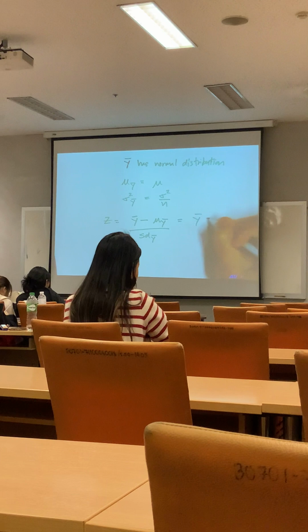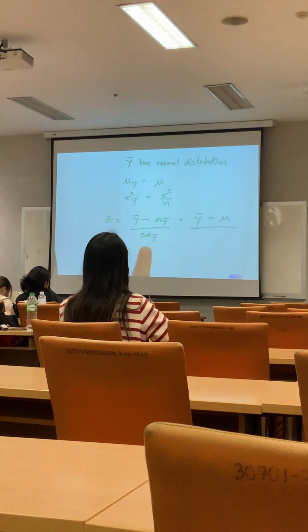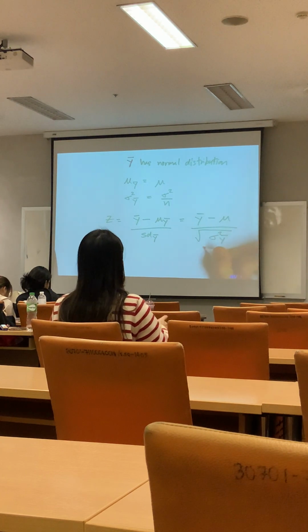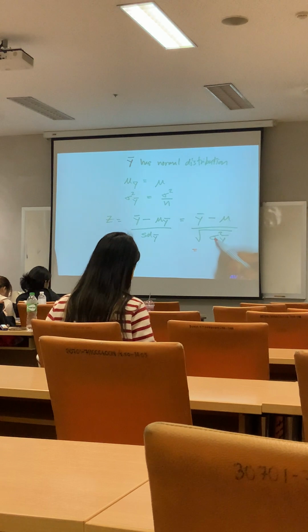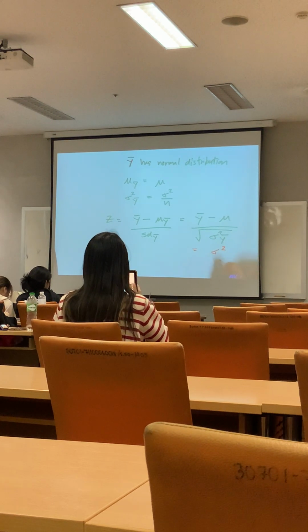The mean of y bar is mu, the population mean itself. The standard deviation of y bar is the square root of the variance of y bar, and the variance of y bar is the population variance divided by n.